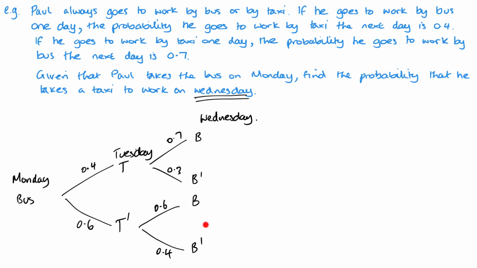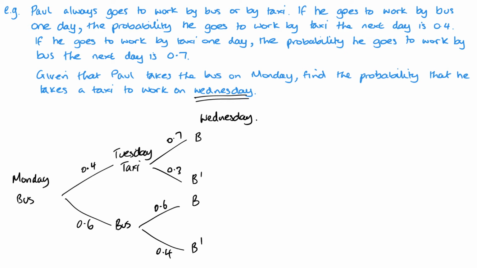I've used two different symbols, but the reality is that this is the same as not bus, and bus is the same as not taxi. So I guess the point is, in a question like this, maybe it's better that we don't use symbols. Maybe it's better to use words.